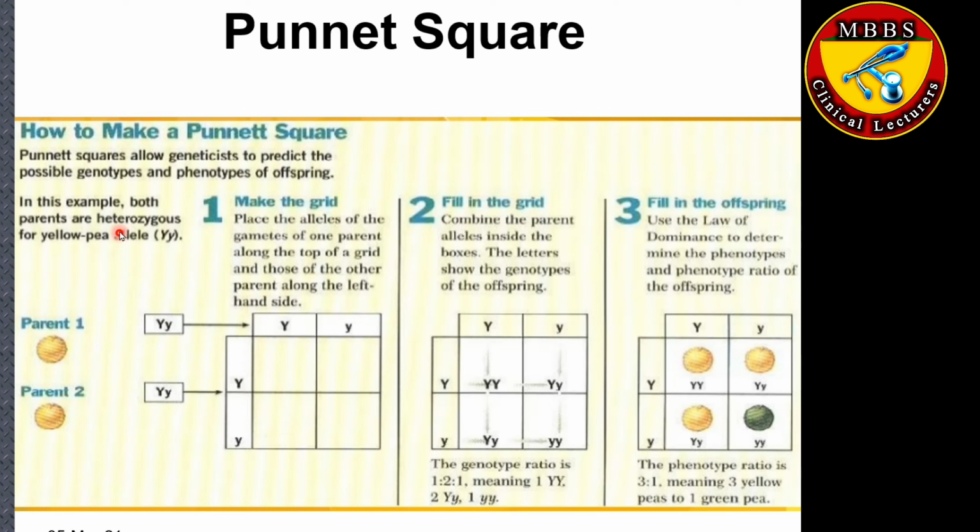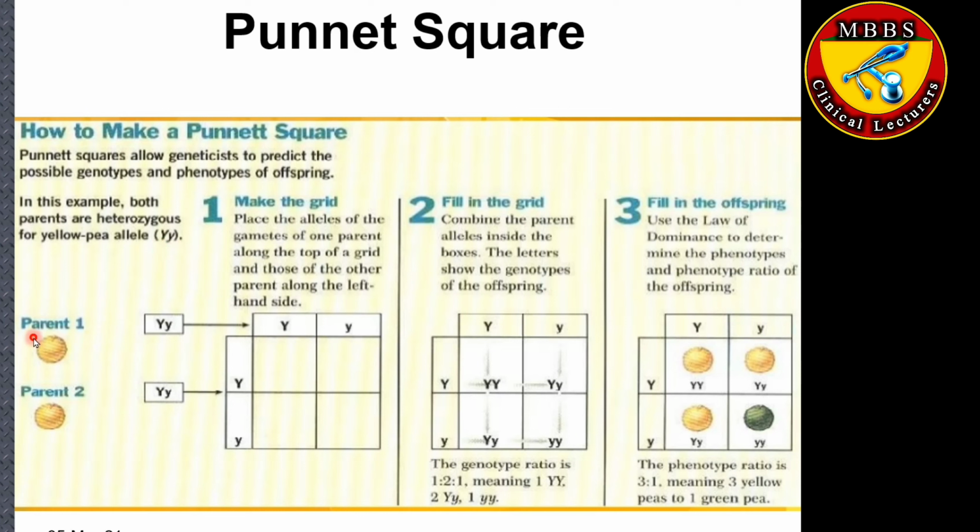Now let us take an example of a heterozygous yellow pea allele. Heterozygous means both the alleles are different. One is dominant Y and the other is recessive small y. The dominant Y gives the yellow color to the seed phenotype and the recessive small y gives the green color.